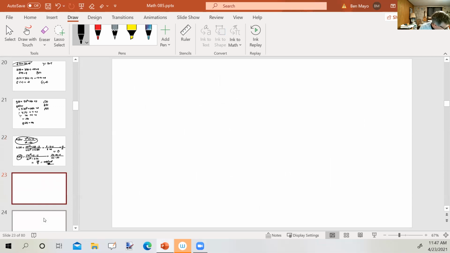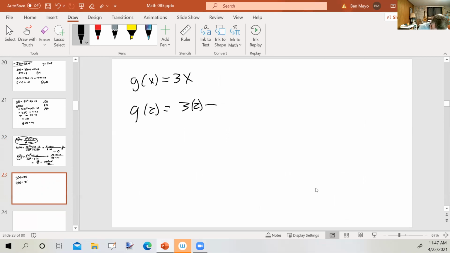Now, let's say I've got g of x equals 3x. G of 2 would be 3 times 2 equals 6. G of -4 would be 3 times -4 equals -12. How about G of w?